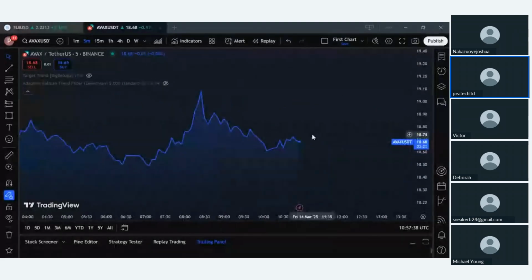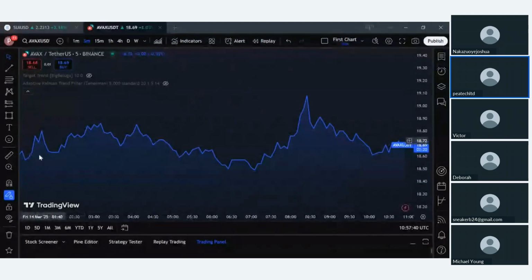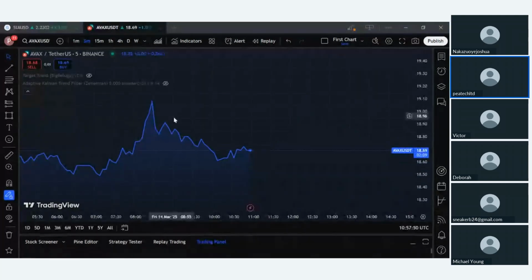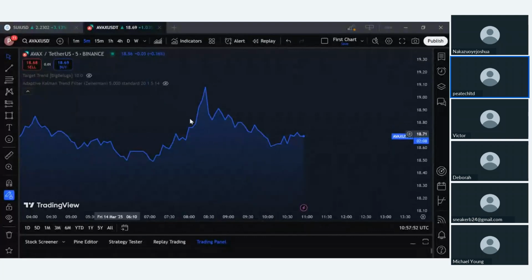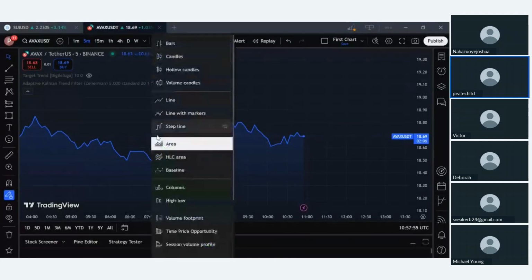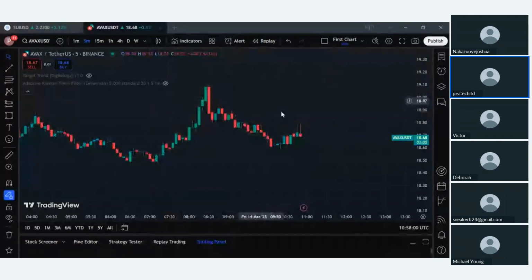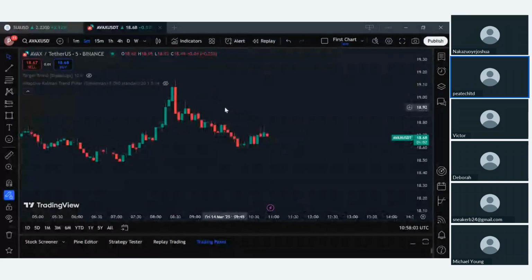Those of us who are familiar with shapes in mathematics, or those who did geography, where they used to teach ocean ridges and all those things, will know what this means. But this is an area chart, right? We have different types of charts, but the one we are using is the Japanese candlestick. That's what this one is called.